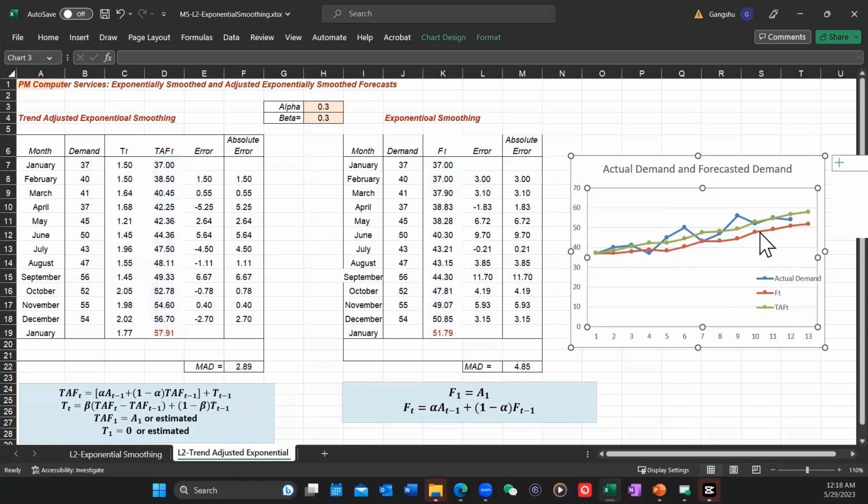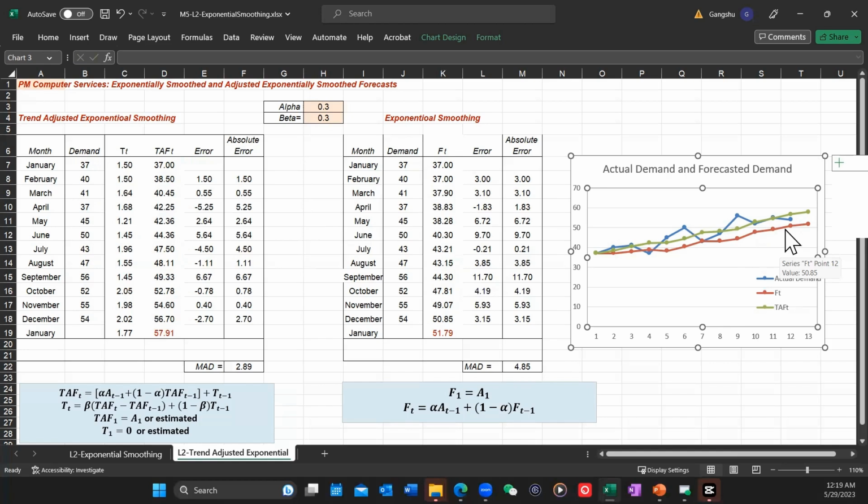As we can see from the output, the trend-adjusted exponential smoothing is much closer to the actual demand compared to the simple exponential smoothing. This again demonstrates that trend-adjusted exponential smoothing can perform better than the simple exponential smoothing.